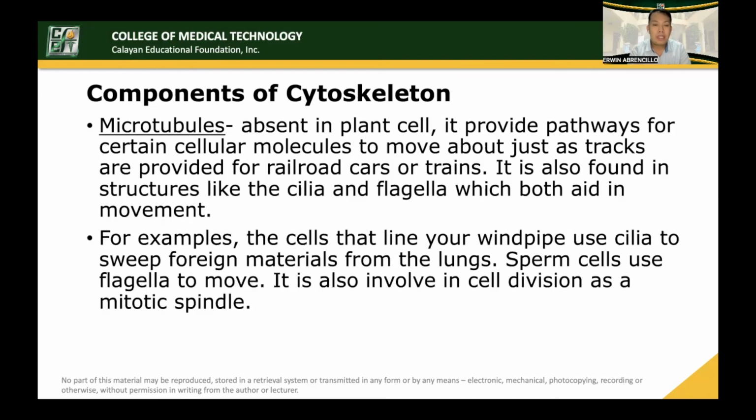For example, the cells that line your windpipe use cilia to sweep foreign materials from the lungs. Sperm cells use flagella to move. It is also involved in cell division as the mitotic spindle. If you remember your mitosis cell division, there is the formation of the mitotic spindle.